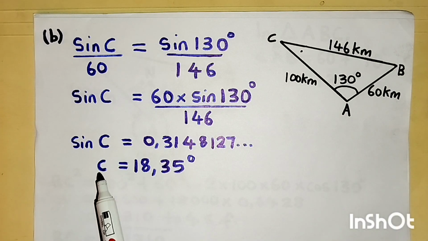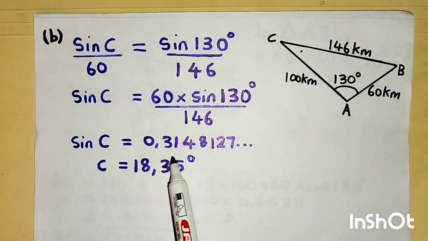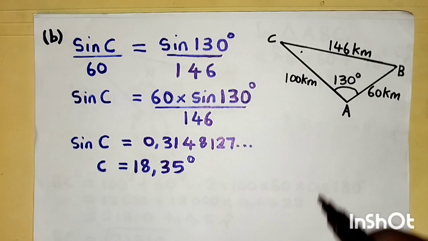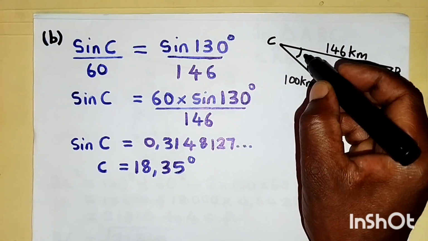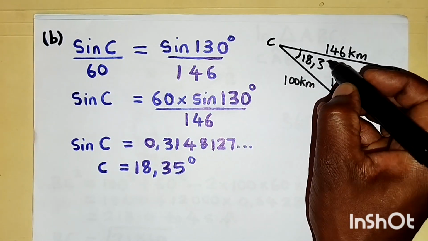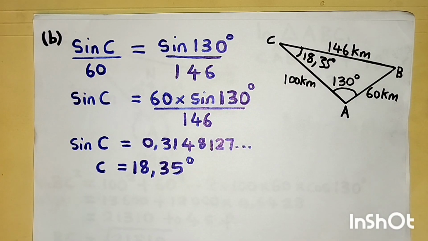And finally, the angle C. If you go to your calculator and press the second function button or the inverse button and then enter 0.3148127, you get angle C as 18.35 degrees. So this angle here is 18.35 degrees. Okay, so let's proceed.